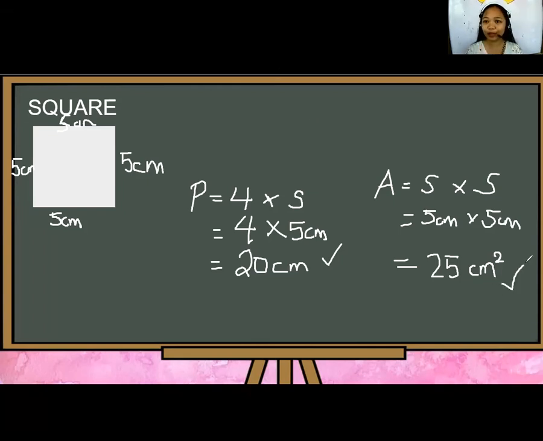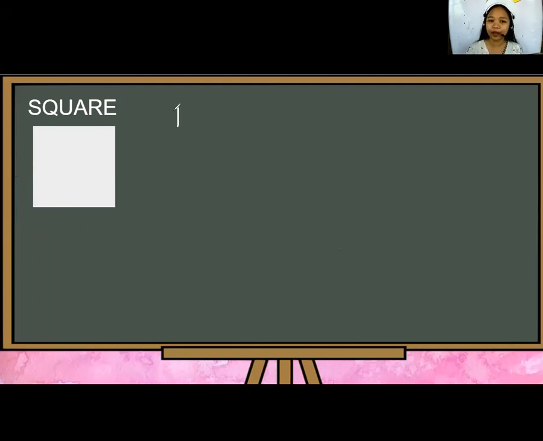Let's try it with another given. How about we find the perimeter and the area of a square with a side of 7 centimeters? Okay, let's start with the perimeter.